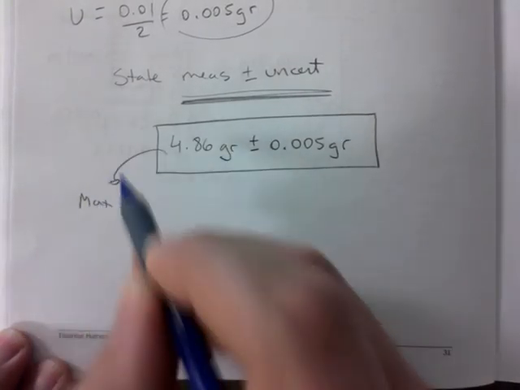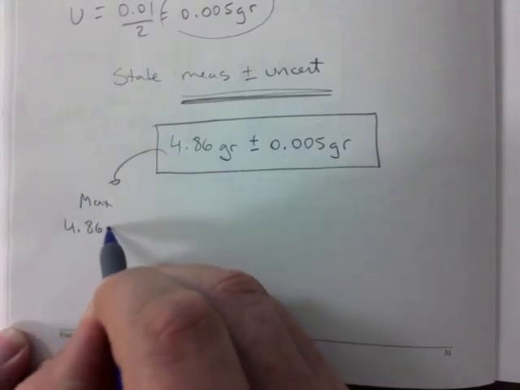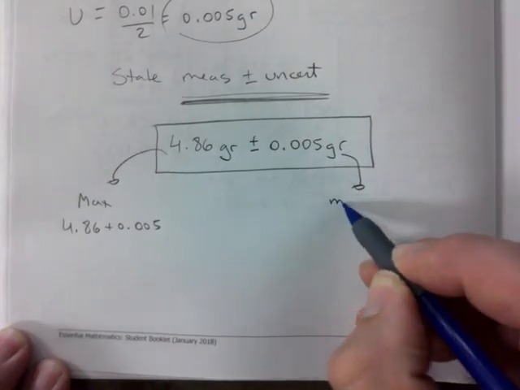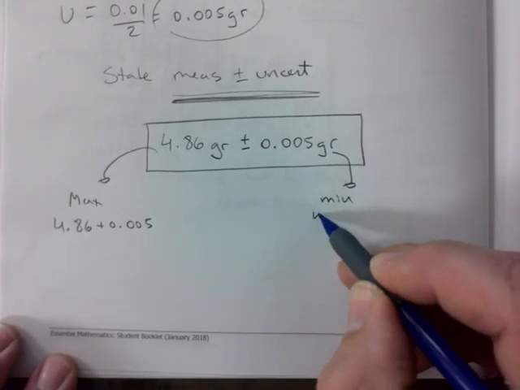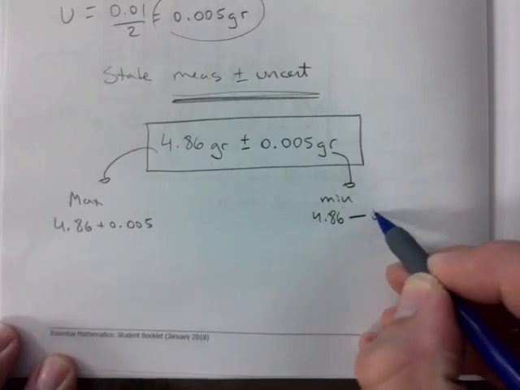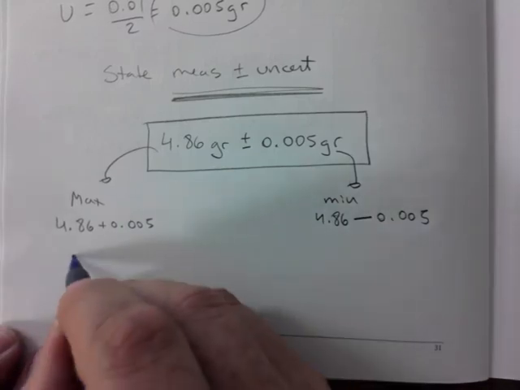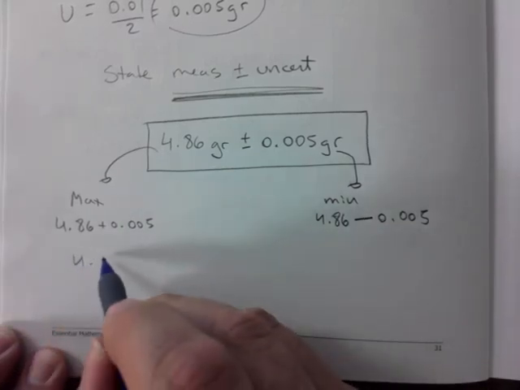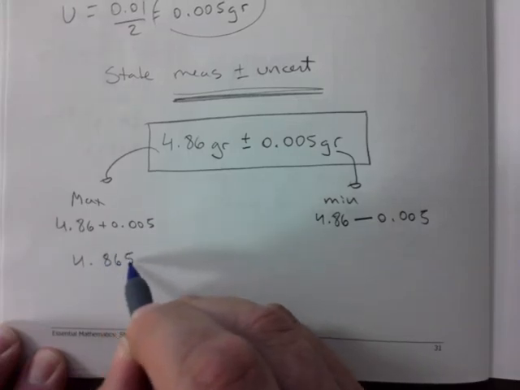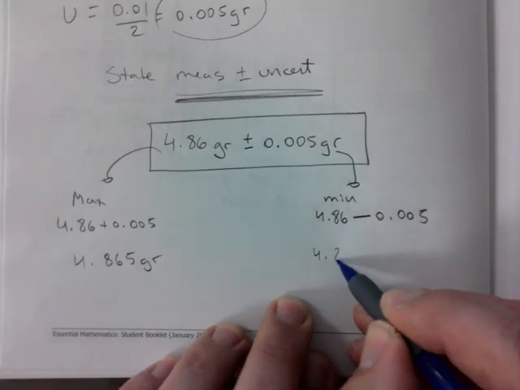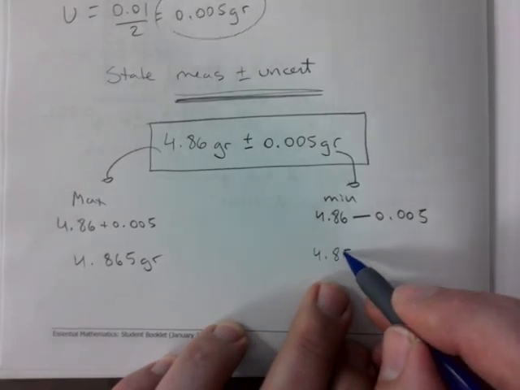To get the max, we go 4.86 plus 0.005. To get the min, it's 4.86 minus 0.005. Let's see if I can do this without a calculator. I got this. There we go. This one, 4.855.